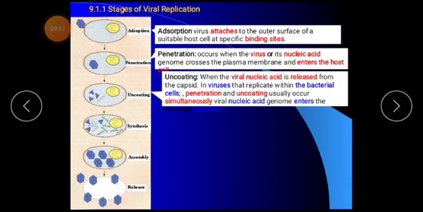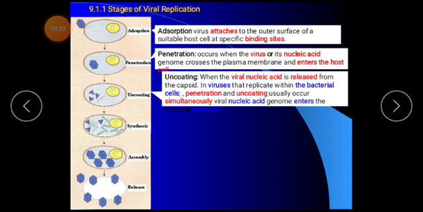So here, when the virus reaches the cytoplasm of that host cell, it is likely to divide and release what we call the capsid. Those replications occur in the cytoplasm of the host cell, and this takes place in the process we call uncoating. So penetration and uncoating are likely to occur simultaneously.